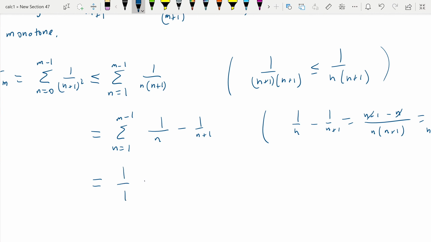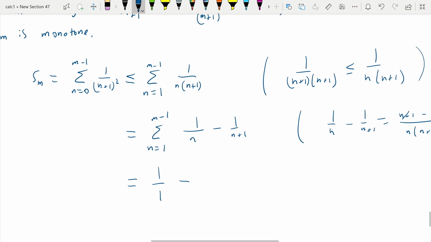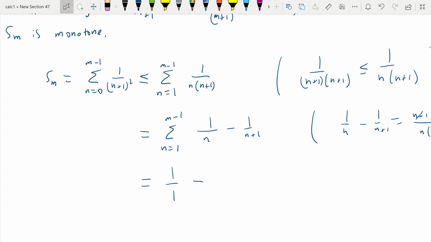Not only that it doesn't make sense, but of course you're only going to be bounding the terms starting from 1, not the one starting from 0. For n equals 0 you only have 1, so I just dropped the 1 here and get 1 plus the sum, which gives 1 plus 1 over 1 minus 1 over m.